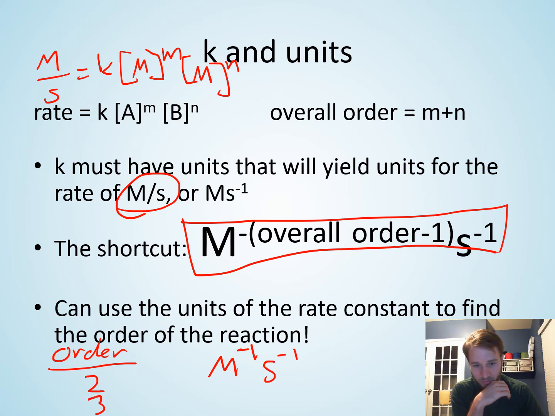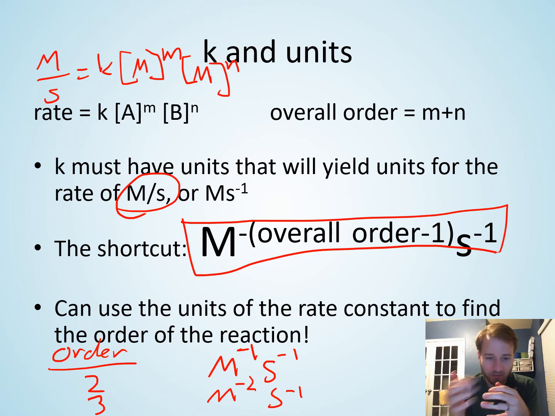If my order is 3, then it ends up being M to the minus 2, s to the minus 1, and so on and so forth, okay? And that is how we would figure out the units of k, and that is the rate law, okay?